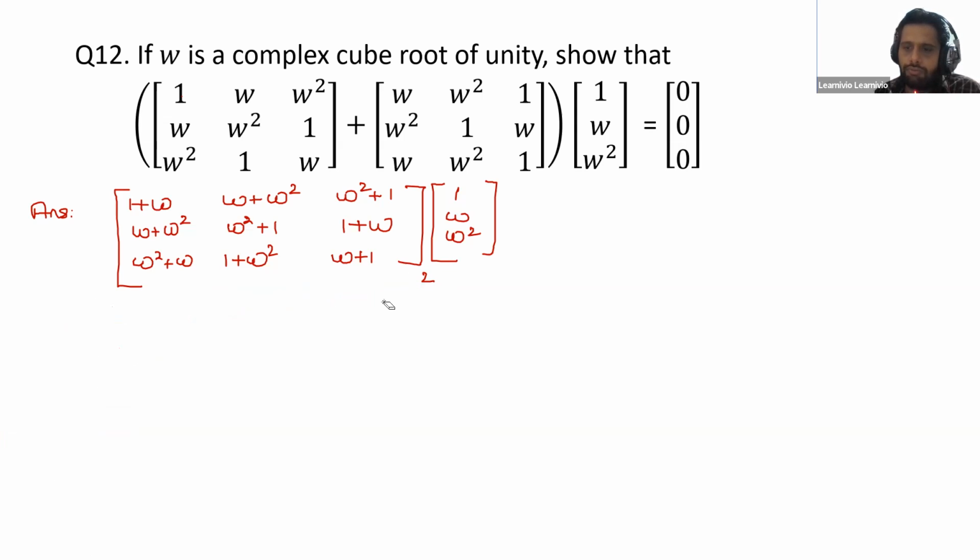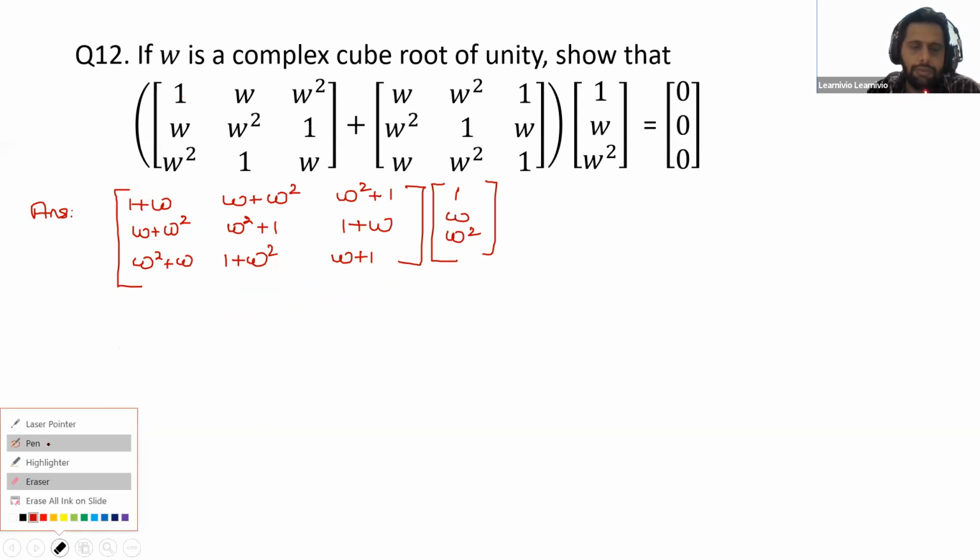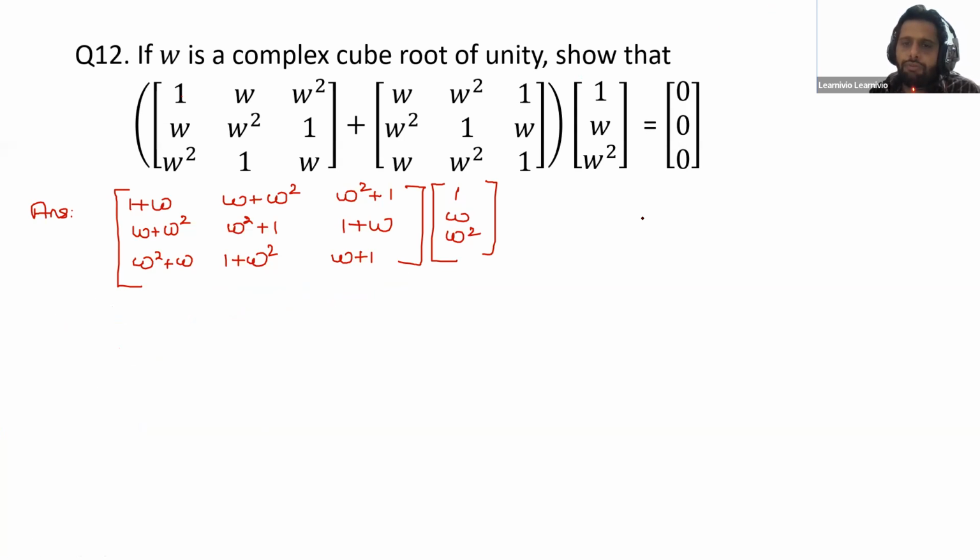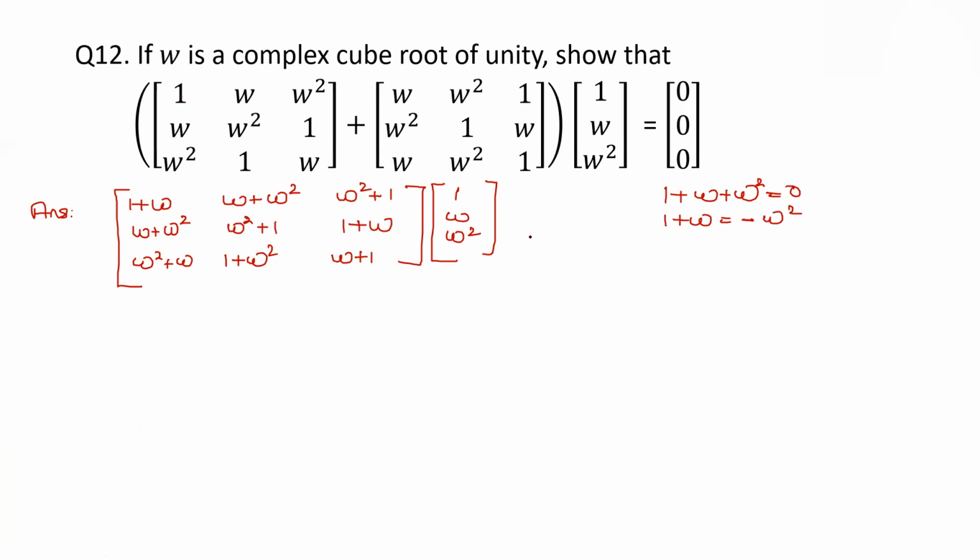Yes, Shiva, I will explain this. Just give me a minute. So we have these two properties: 1 plus omega plus omega square is equal to 0. Then, Shiva, what if we shift this to the right side? Then in place of 1 plus omega, we will get minus omega square. Is this clear to all of you?